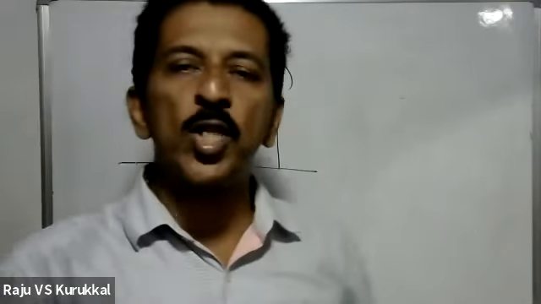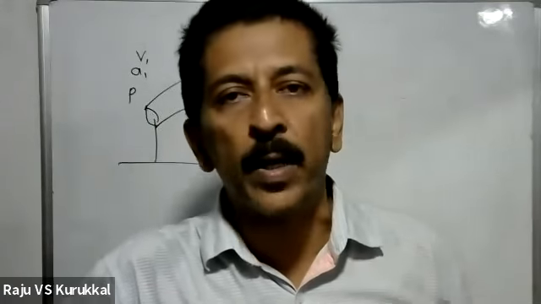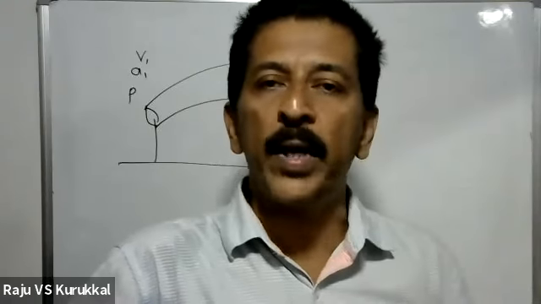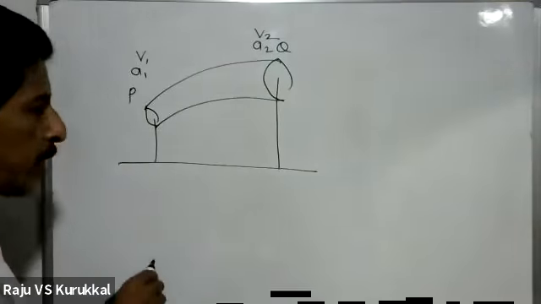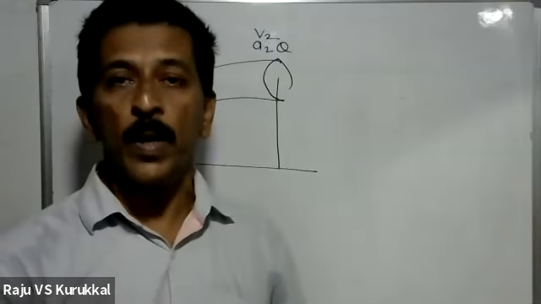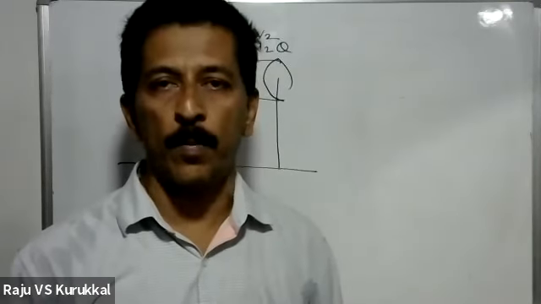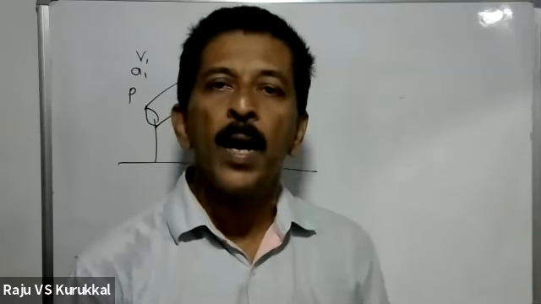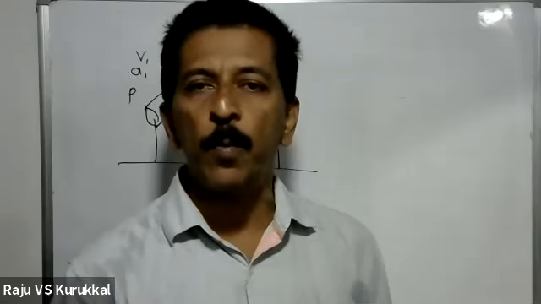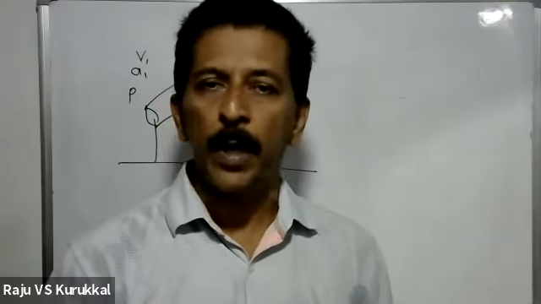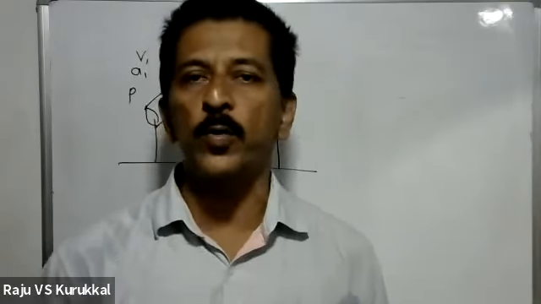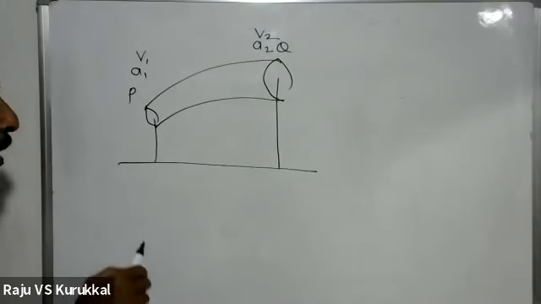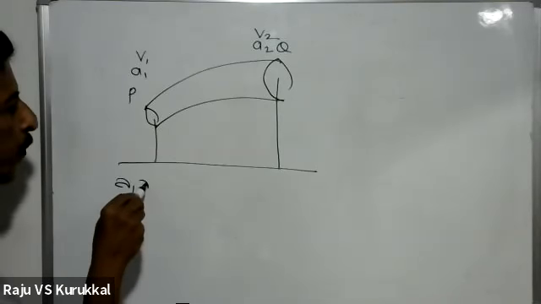According to the equation of continuity of flow, A1 V1 equals A2 V2. If the area decreases, the velocity increases; if the area increases, the velocity decreases. So wherever there is a constricted, narrow portion, the liquid flows faster there. That is the equation of continuity of flow. Using it we can find the velocity V2.